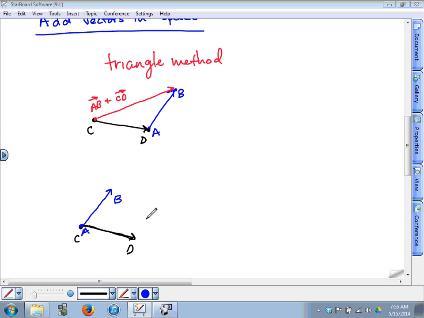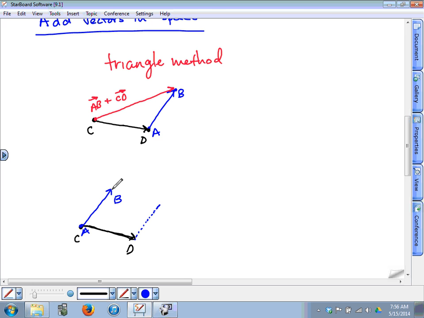Now what I want you to do, starting on the terminal point here, D, I want you to draw a dotted line that's the same length as vector AB and in the same direction as AB. Try to do the same direction, same magnitude. That look about right? You good so far?